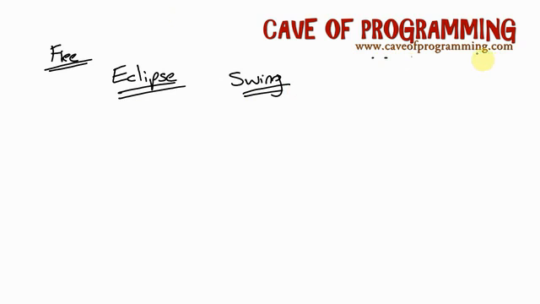I also have a Swing course with 7 free videos, although the whole course isn't free. But that doesn't really matter, because as long as you know some Java, we're not actually going to be doing Swing in these tutorials as such. I'm just going to use Swing to illustrate design patterns. So if you don't know Swing, don't worry.